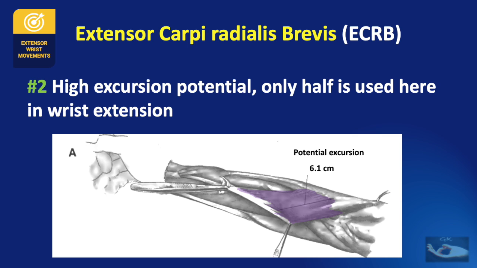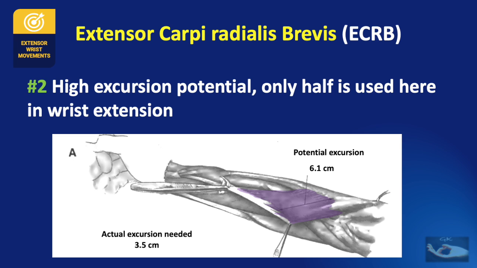So the potential excursion of the ECRB is 6.1 centimeters, but the actual excursion needed for wrist extension is only 3.5 centimeters. So you can even transfer the muscle to perform a function with more excursion, like for instance the finger flexors.